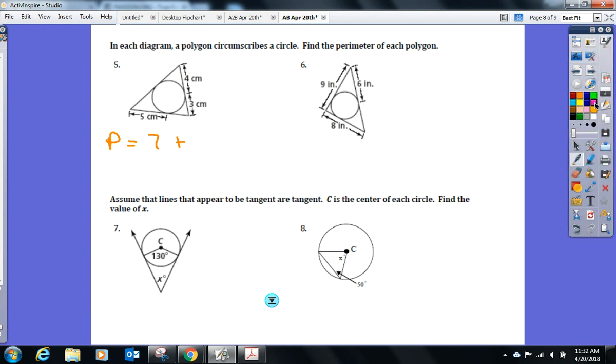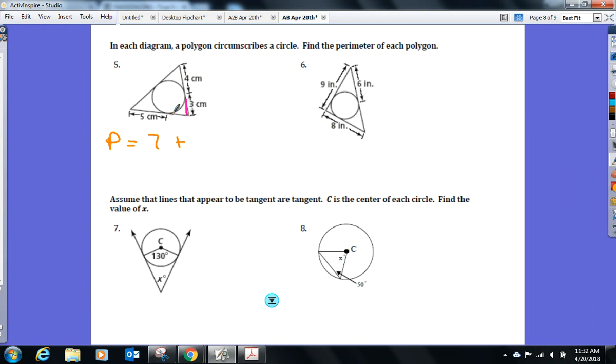Ready? I don't know if you see the party hat theorem going on, but right here, let me cover up the rest of the diagram. Everyone see these two tangents being drawn to the same external point? They're congruent. This one's 3, so the other tangent going to the same point is 3. So now that's a total side of 8. Now what about this huge missing side here?